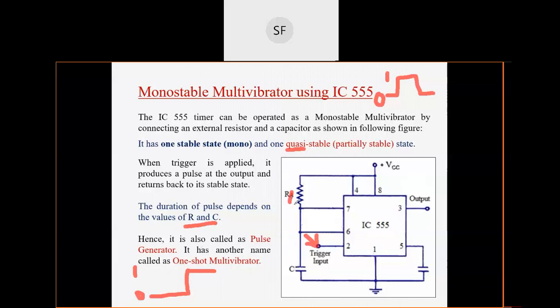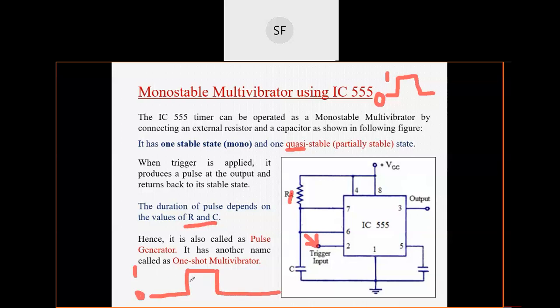So this duration of the pulse will depend on this resistor and capacitor, and after that particular duration, the output of the multivibrator will come back to its stable state and remain as it is.